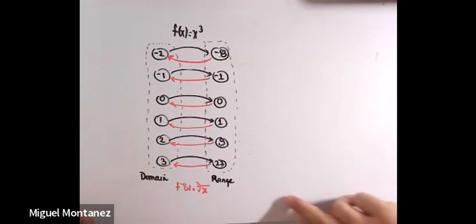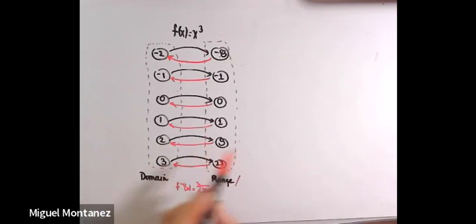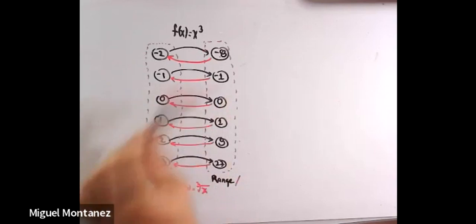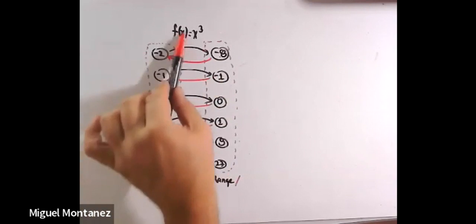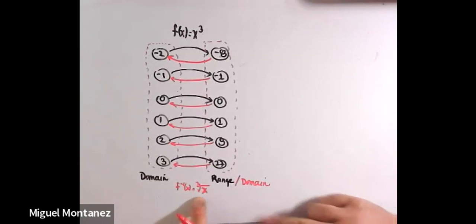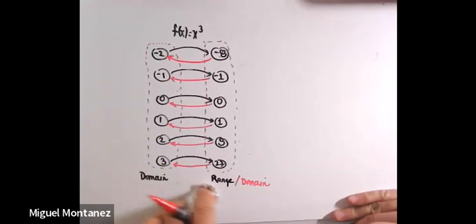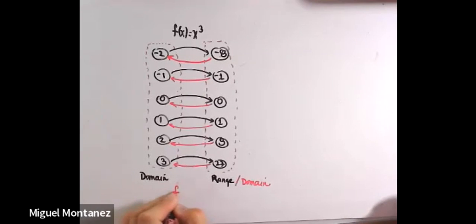So that's one of the properties of inverse functions, that the range, which is the output of the black function f of x equals x cubed, becomes the domain of this other function, the red function, f inverse of x equals cube root of x.